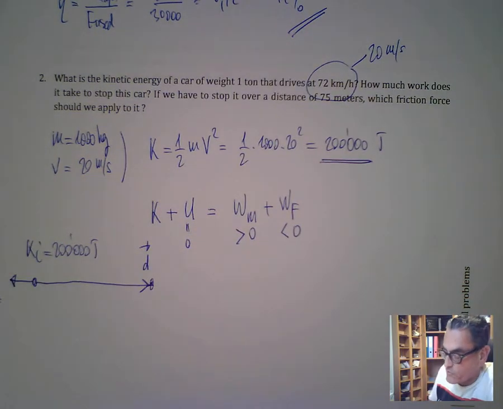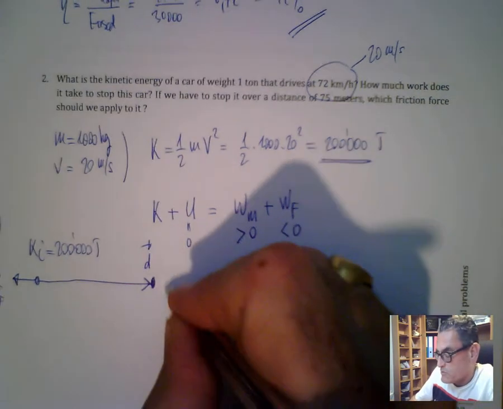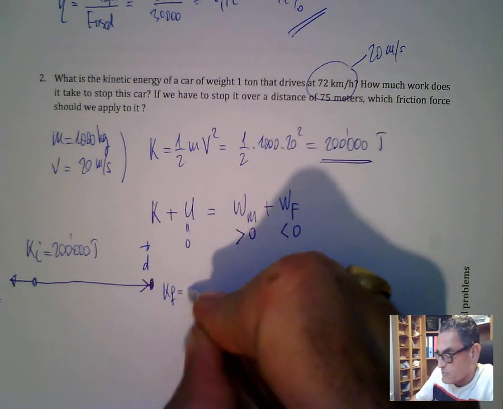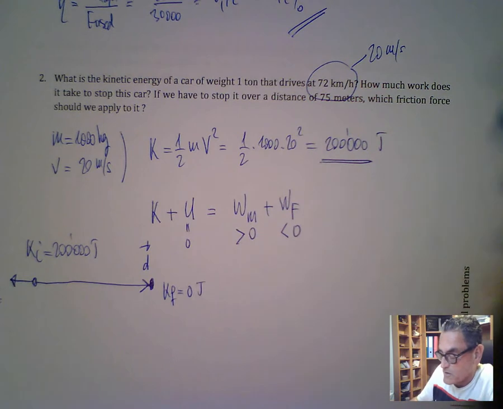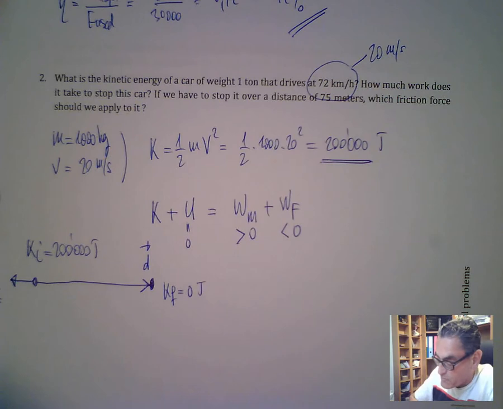This is the friction force. And when the car arrives here, the final K is 0 joules because it's stopping. There is no question about potential energy because we are on a flat road.